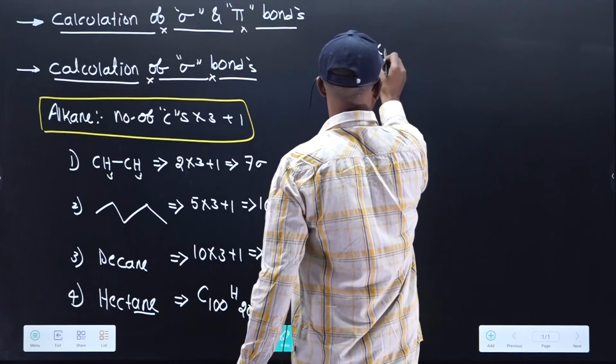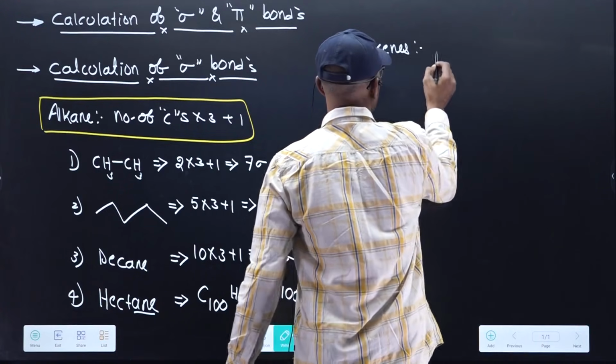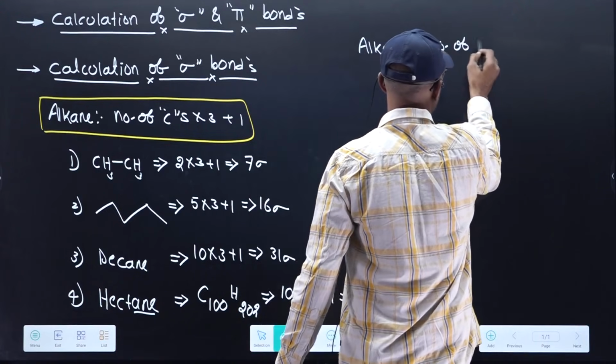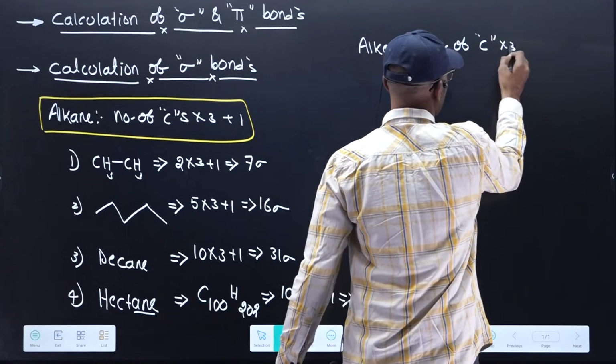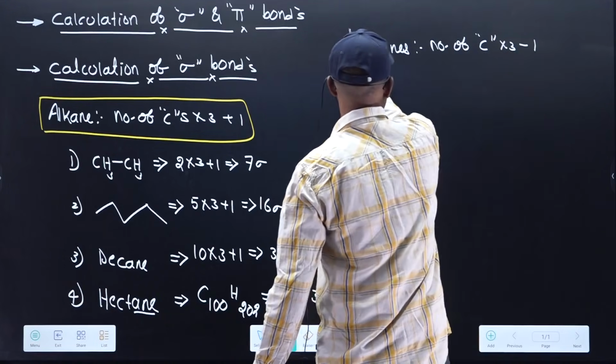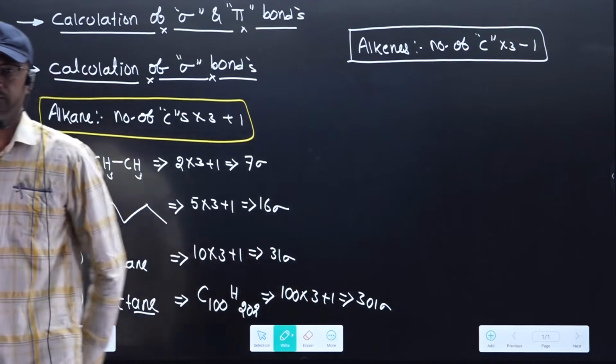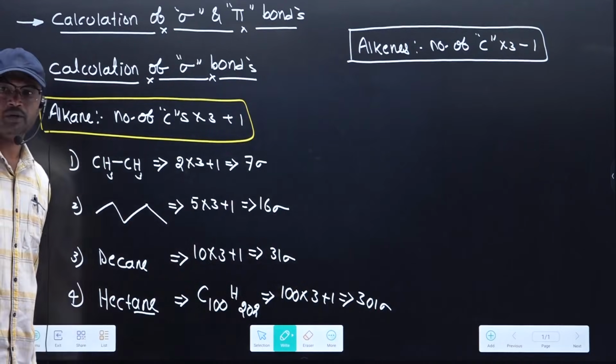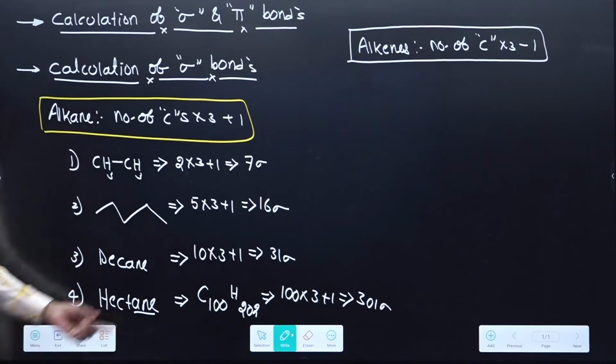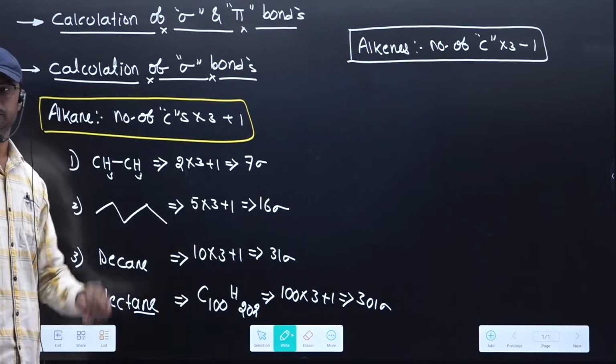Is it clear? Alkenes. You remember this? Number of carbons multiplied by 3 minus 1. Alkene, double bond. The difference between alkane and alkene is here plus 1, minus 1.